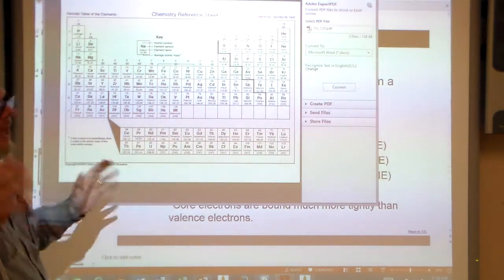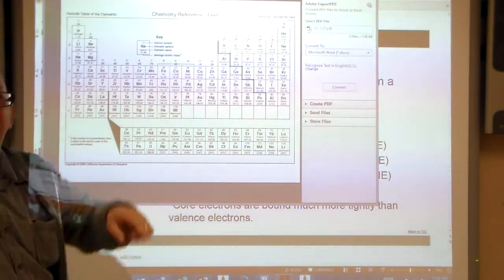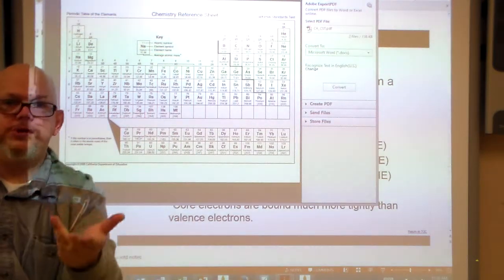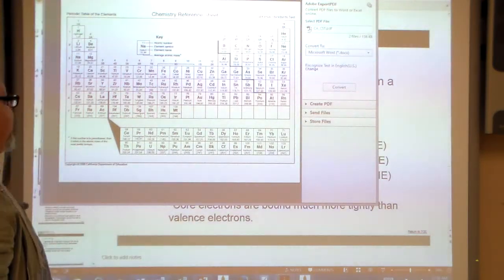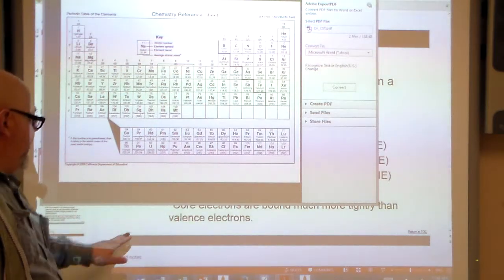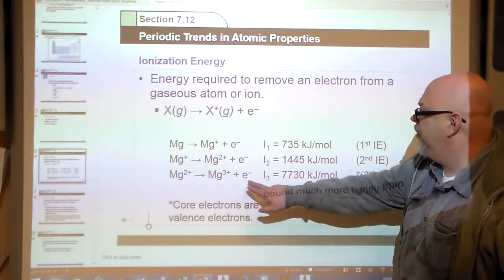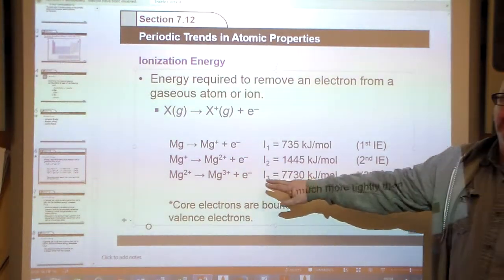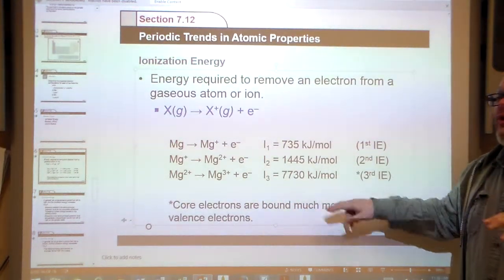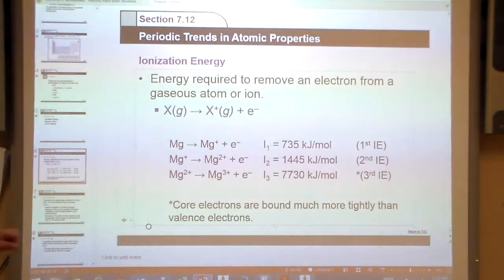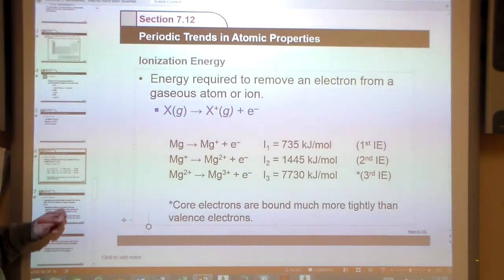So taking out 2 electrons isn't a big deal because it has that full outer shell of electrons once those first 2 have been taken off, right? Okay, well, what's going on then? You're going to put in a lot more effort to rip out that third electron, because now it's a core electron, it's a lot closer. So it takes a lot more effort to go in there.